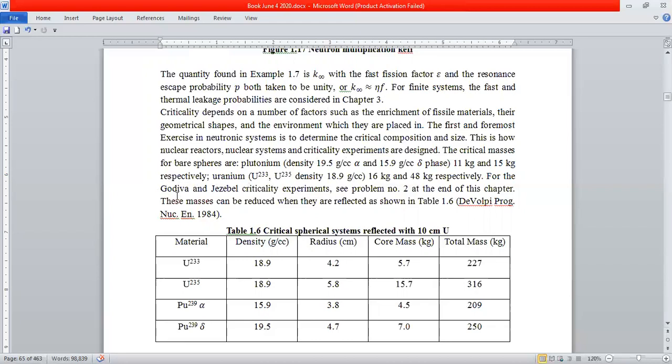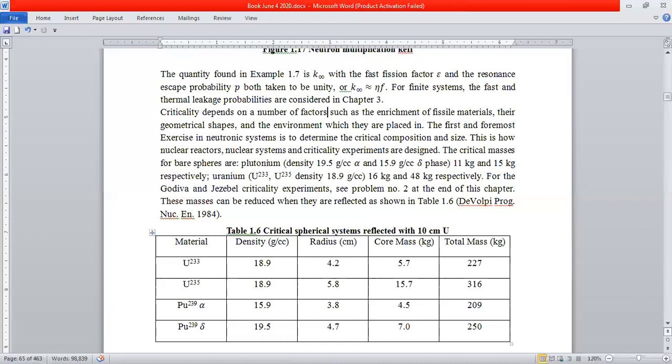For Godiva, for example, if you see over here, Godiva is not over here. I've got it somewhere over here. Anyway, these are for plutonium.